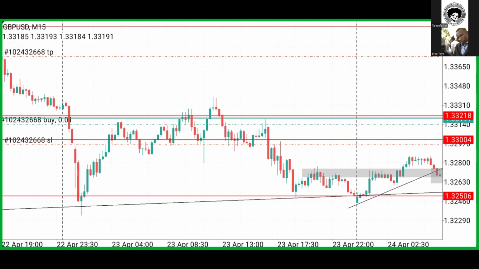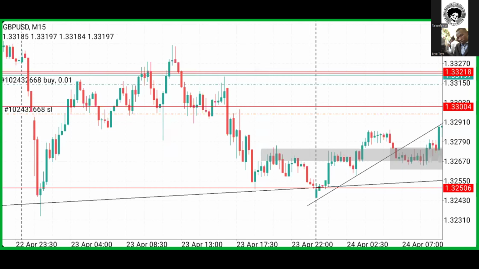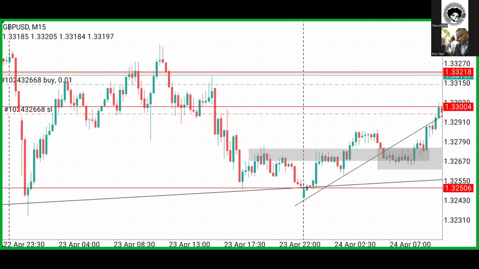You traded a fake out. Yes, you traded a fake out, and the market just did what a fake out would do. And this trend line that you're showing, yes, it may be okay before the market comes out of it, but, can I say it, the trend line had been invalidated, sorry.